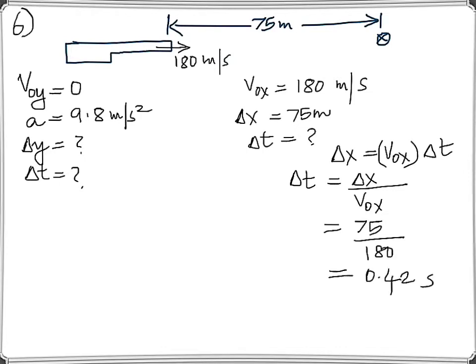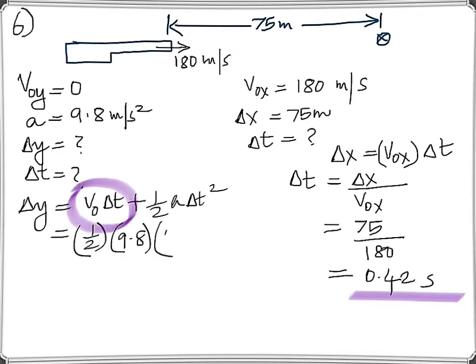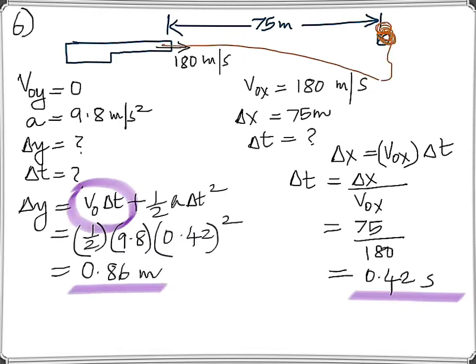That gives 0.42 seconds, and we can use that information in the equation. Delta y is v naught delta t plus 1/2 a delta t squared. That term becomes 0, so plug in the numbers and calculate to get 0.86 meter. Now that's by how much it misses the target.